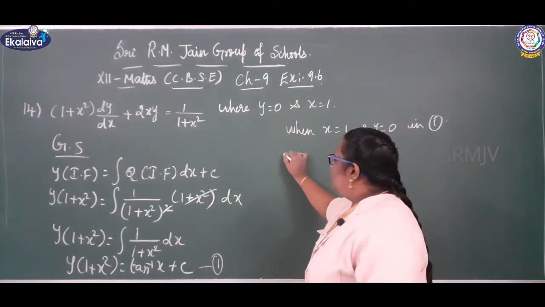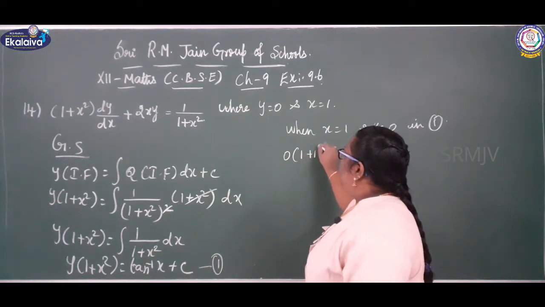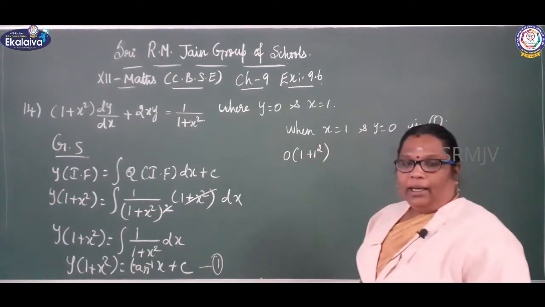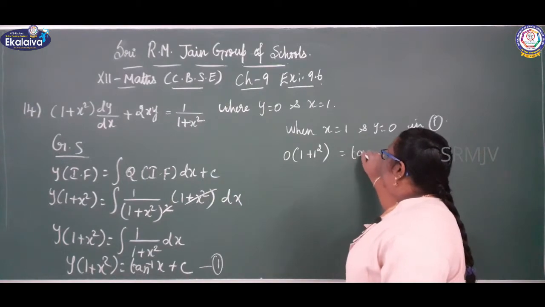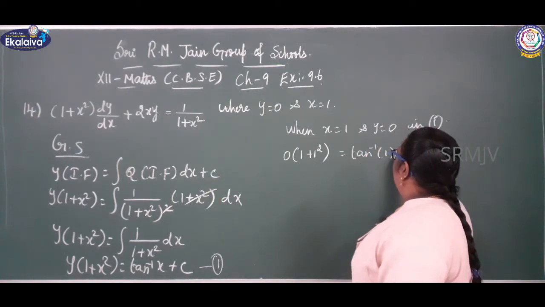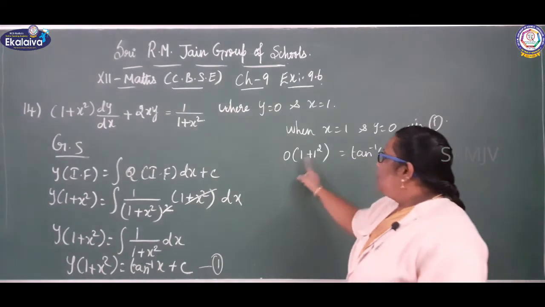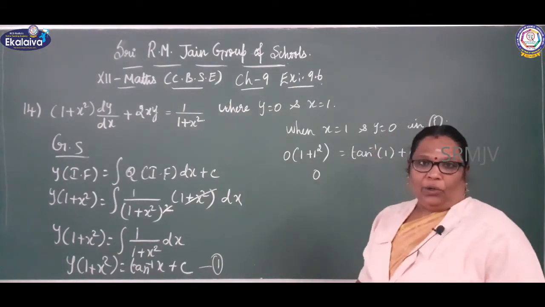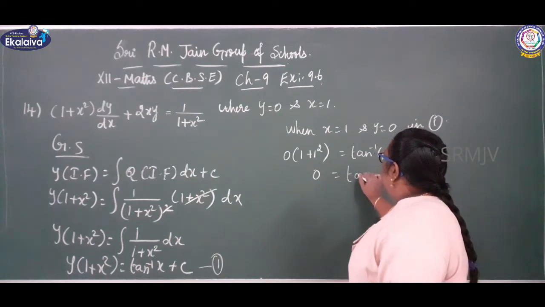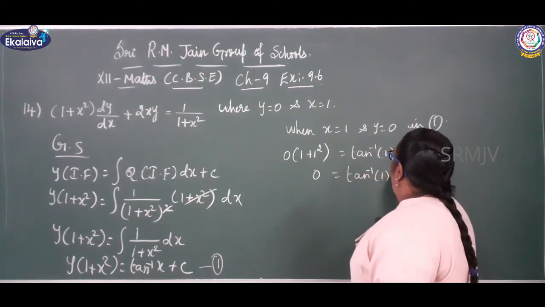Y value is 0 into 1 plus 1 square, it's equal to tan inverse of 1 plus c. So 0 into any number? 0 equal to tan inverse of 1 plus c.